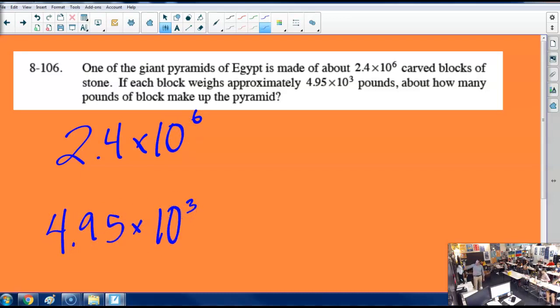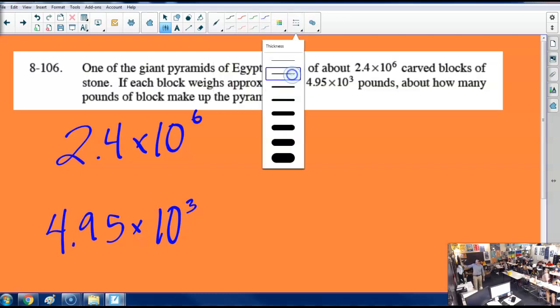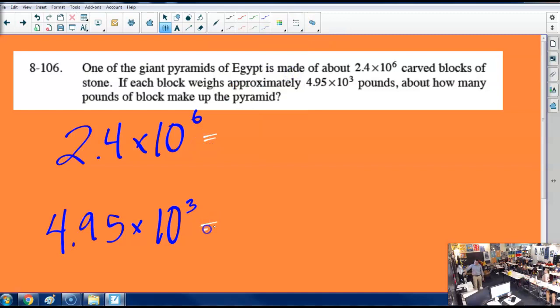You want to make me a happy camper? We want to make these match. So we're going to leave this one with the 3 because it's easier that way. And we're going to force this down to a 3. To force it down by 3, I move my decimal to the right by 3. So this becomes 1, 2, 3 spots, boom, times 10 to the third.